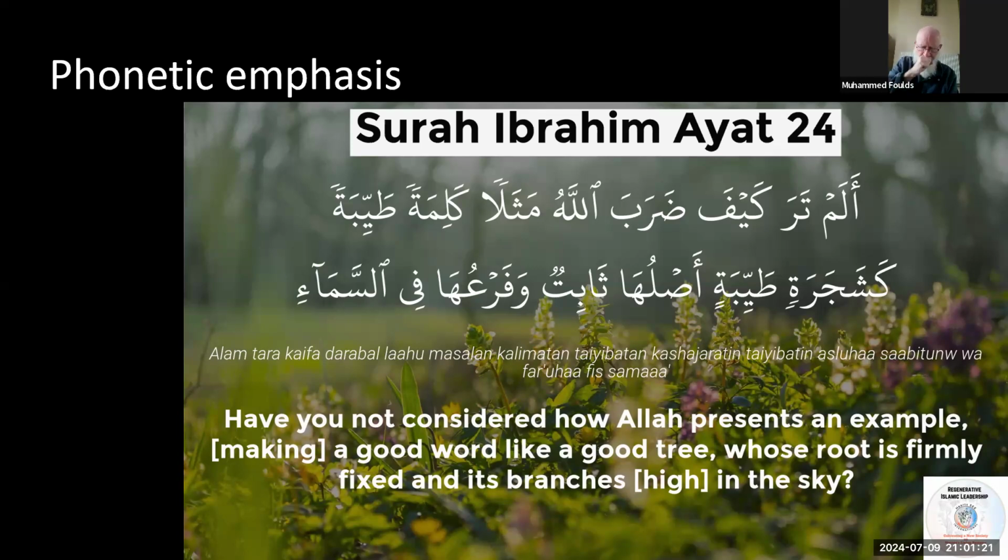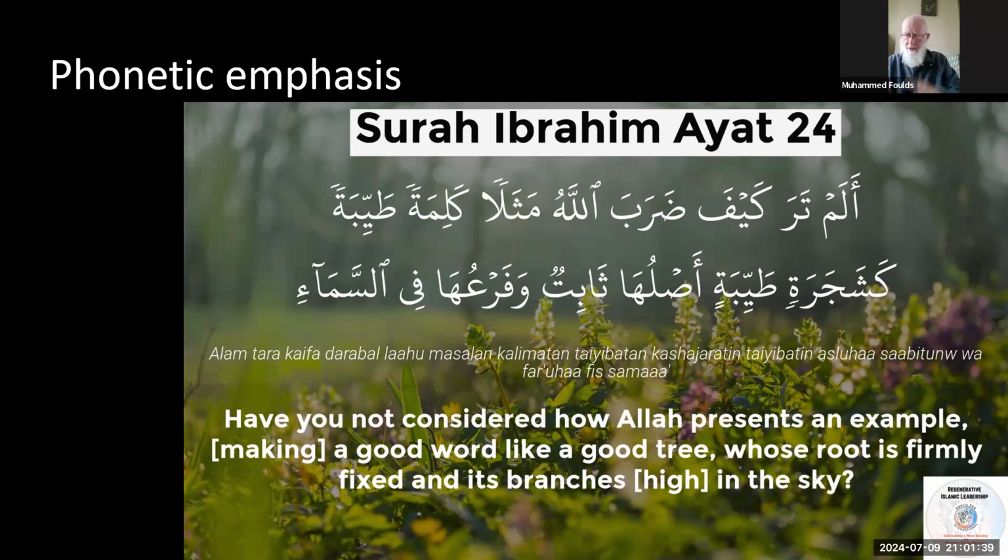Here, we have to come to Tajweed, because now we need to look further into Surah Ibrahim in this ayat. To the term ikhfa, okay?